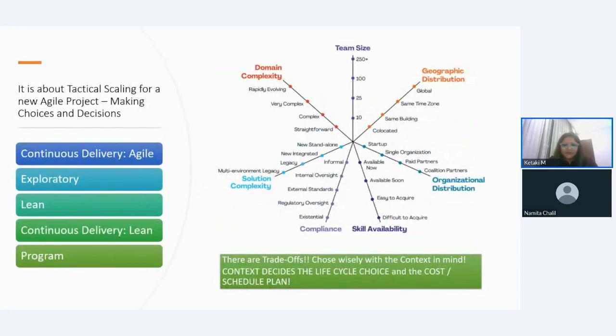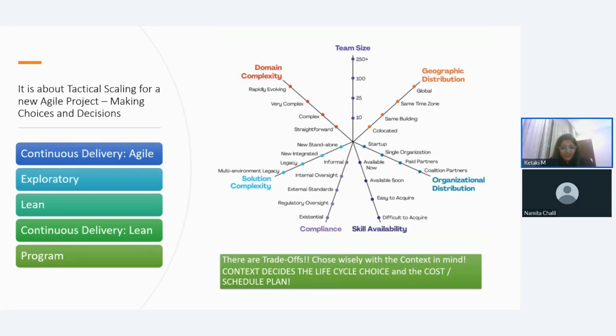Now, enough about having a double loop learning and choosing the framework and really understanding the context. But in your minds, you must be thinking, okay, I know the context, but is there any lead that I can have in order to choose a particular framework? Well, the context which I was talking about really depends on the team size, the domain complexity, the geographical distribution, the organizational distribution.